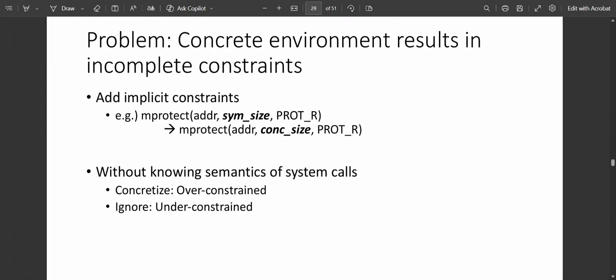And the problem is that the concrete environment results in incomplete constraints, where you don't get the output that you want. It adds implicit constraints without knowing the semantics of system calls.